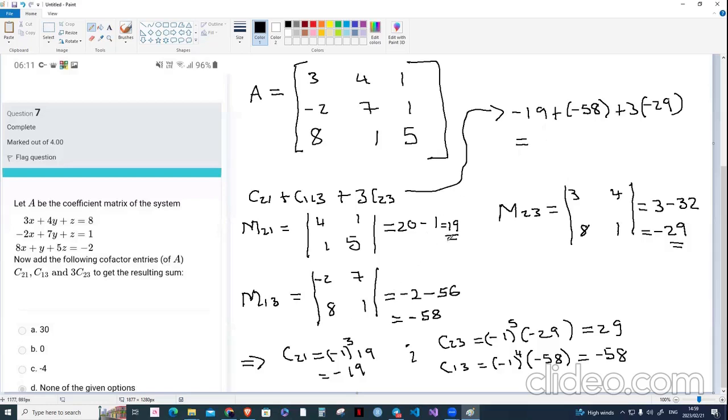Check again. Minus 19, no, minus 58. Yeah, let me stop here. This is positive 29 because here's C23, 29. So this will be 10. Do we see a 10 here? Nope, there's not 10. So the correct answer is this one, none of the above.